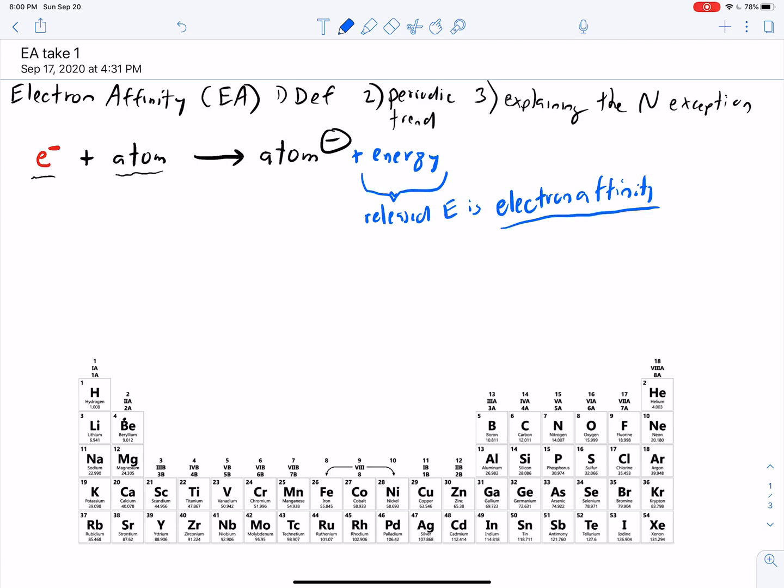We have to hit that atom with energy to get it to spit out an electron. With electron affinity, it's generally energetically downhill, or favorable, for an electron to associate with an atom in order to make an anion. And so we release energy.